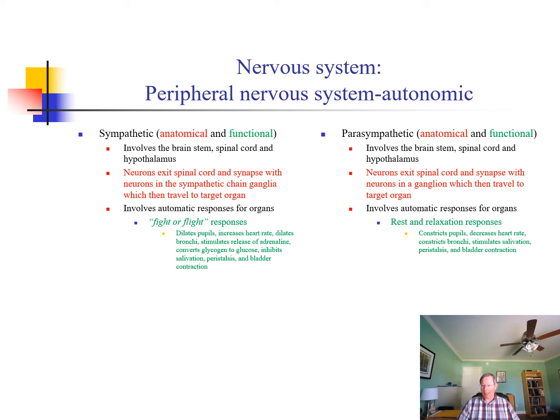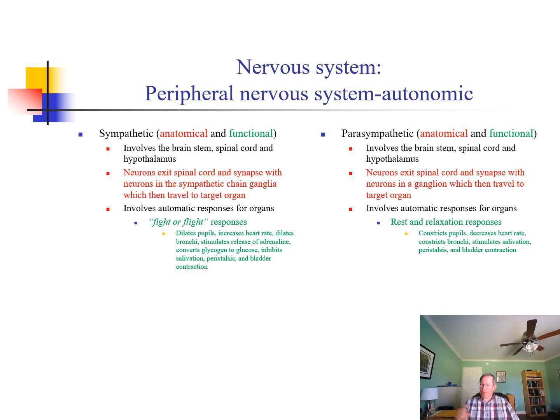Now, in both cases, I'm involving my central nervous system in addition to this peripheral nervous system, this autonomic nervous system. But in the sympathetic nervous system, when the neurons exit the spinal cord, they synapse with neurons in what's called the sympathetic chain. And this is a set of ganglia which are physically located inside the body.